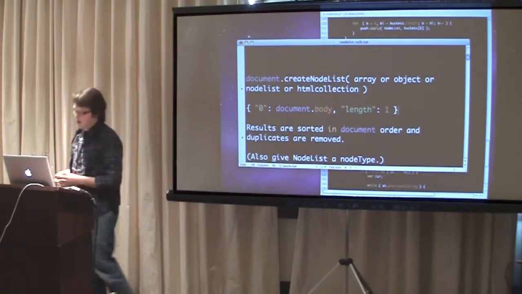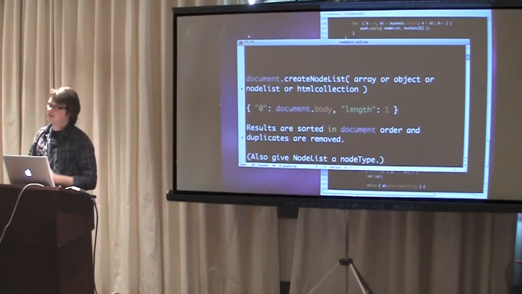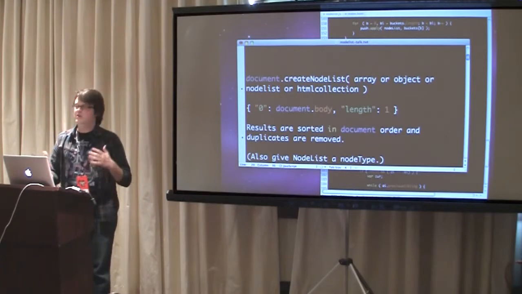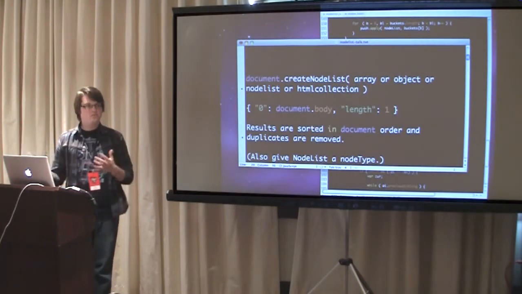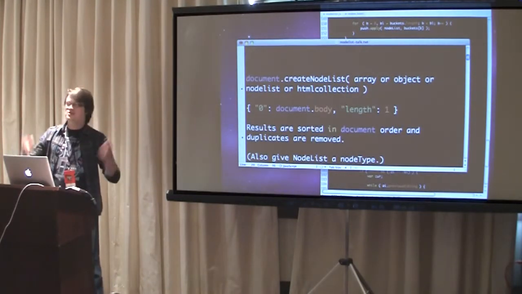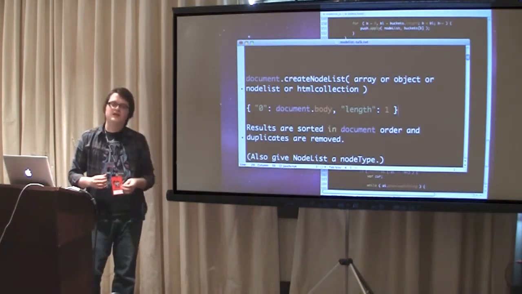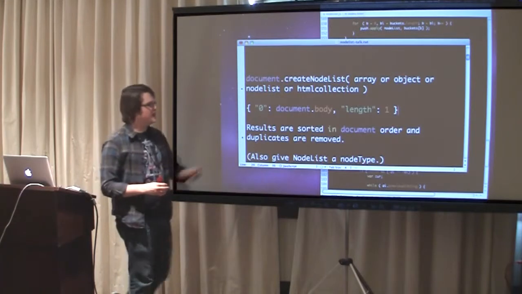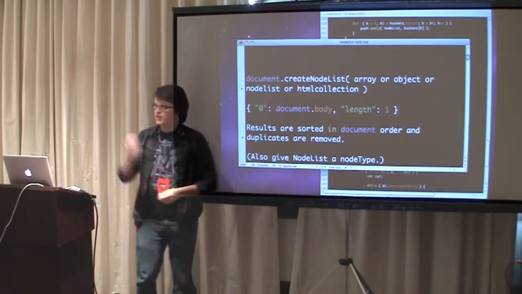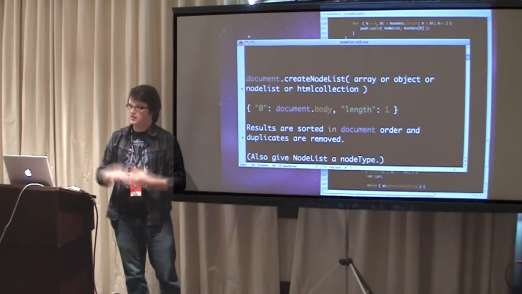Now, effectively, what I define a NodeList as, because up until this point there has been no definition of what a NodeList should be, it's just sort of this mysterious list. So what I say is that a NodeList has a length for each individual node that's contained in this container.